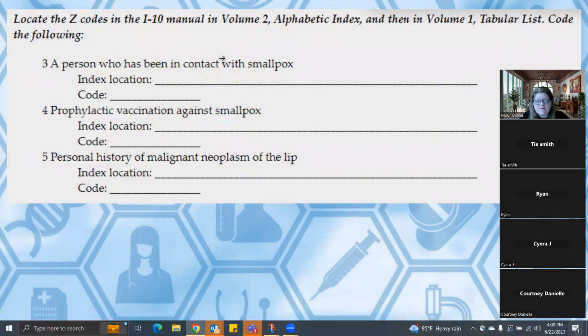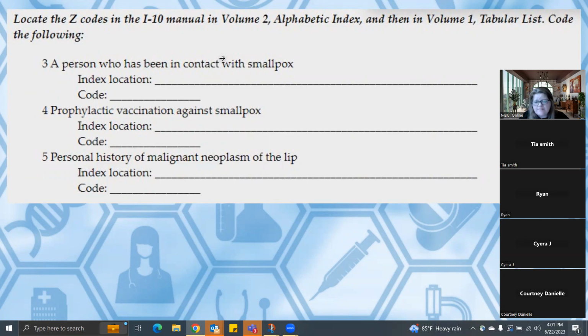I had a quick question about the Z codes. When it says exclude, unacceptable principal diagnosis, where would we go next if we can't use that code, but that's what explains it? You've got to have something else to go along with it, like an immunization or prophylactic for something.